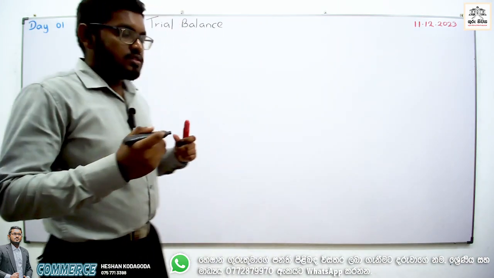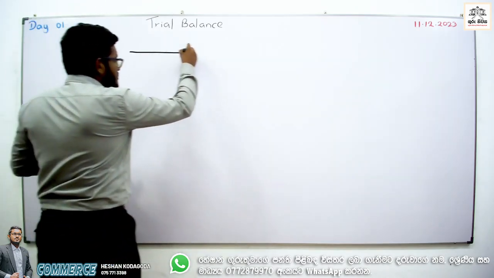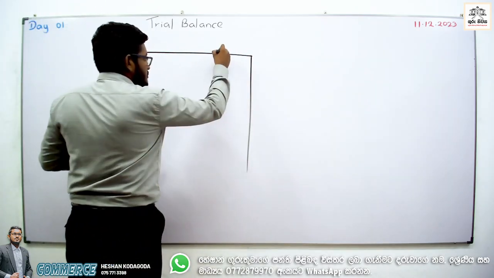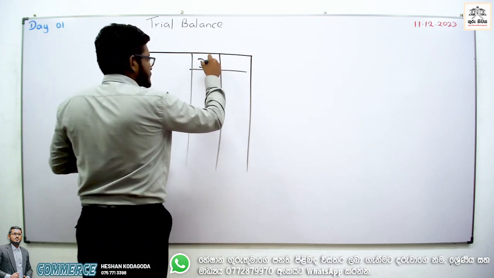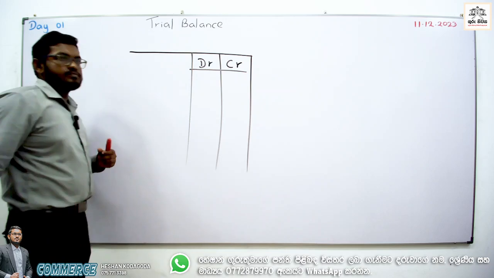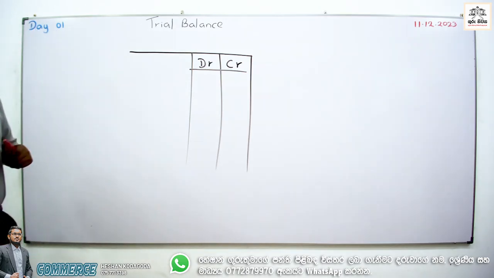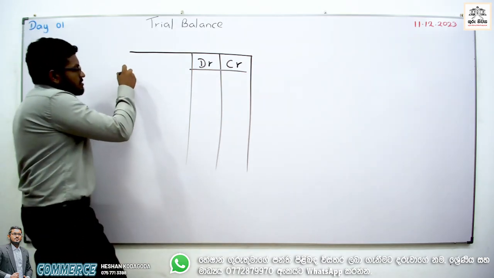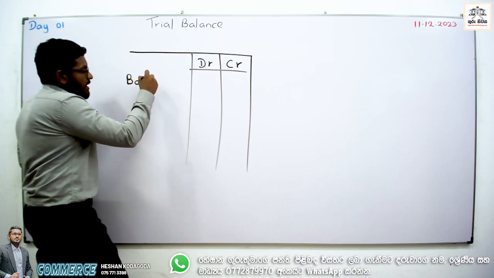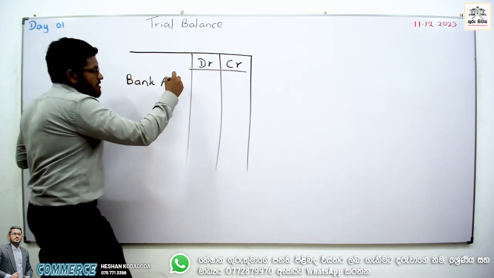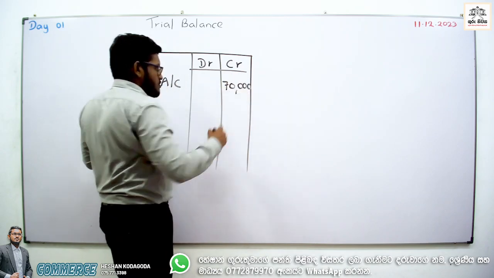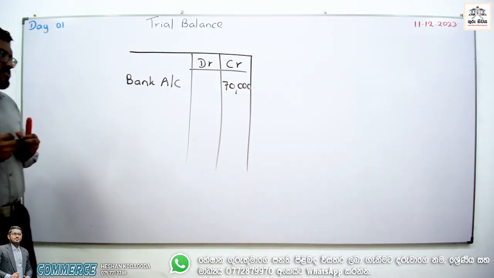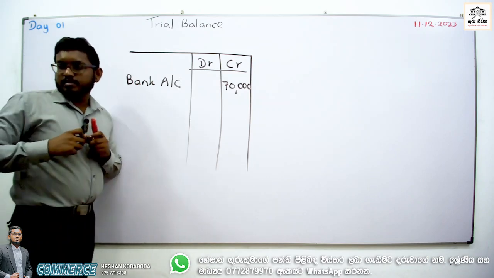Now think. This is the trial balance, debit and credit. They mention bank account as 70,000. So can you tell me whether this is a favorable balance or unfavorable?